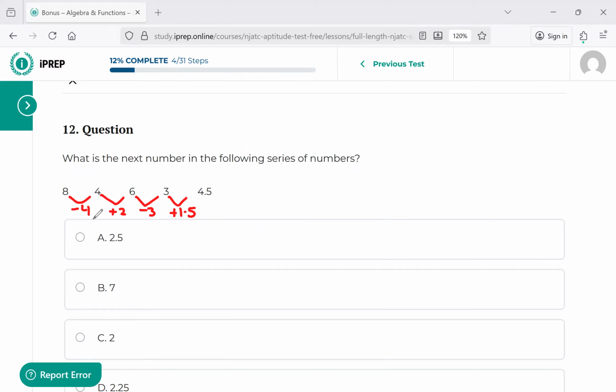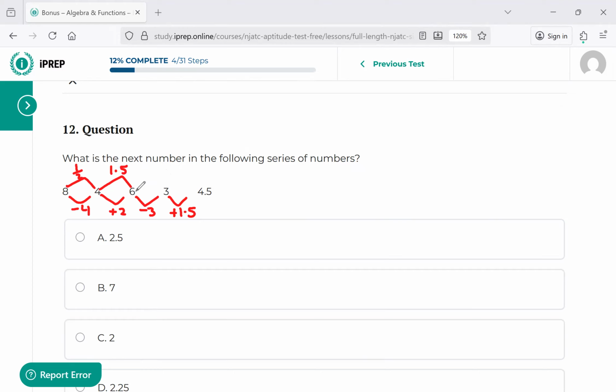Obviously, they're not the same. I don't see a pattern. Remember the other ones, 2 matches with 8. I don't see that. So let's find a common ratio, a number that multiplies. From 8 to 4, what did you have to multiply? 1/2. From 4 to 6, what did you have to multiply? 1.5.